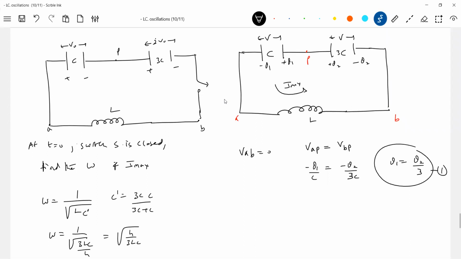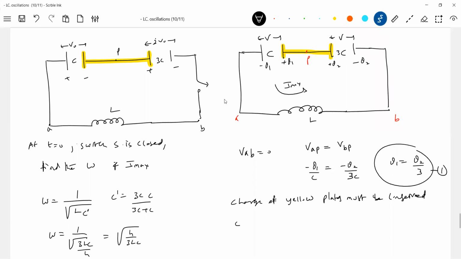Equation 1. Then charge of these plates must be conserved. Charge of these two plates must be conserved. What was earlier charge? CV naught. Charge of these plates must be conserved.